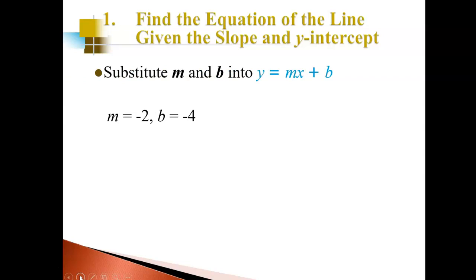Okay, write the equation of a line given a slope and a point.